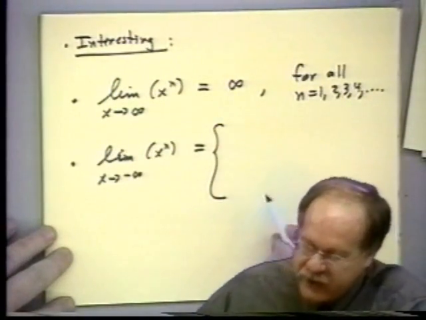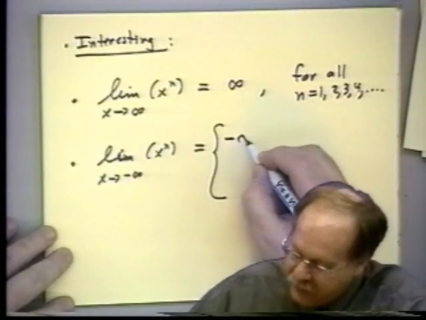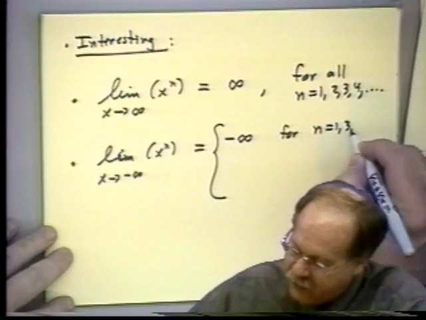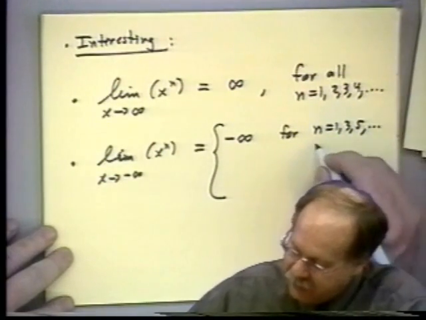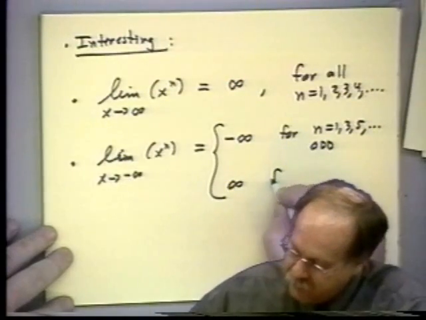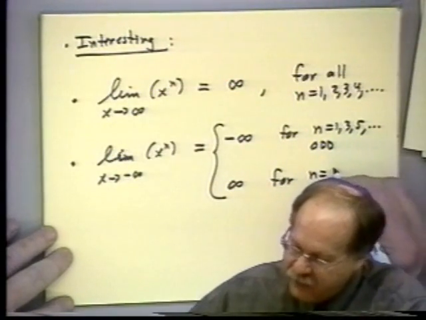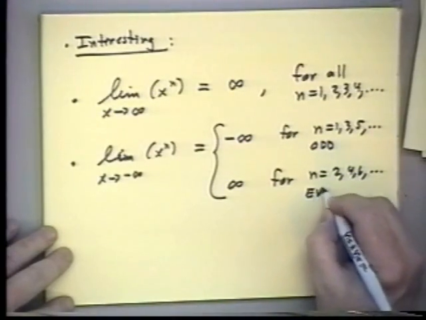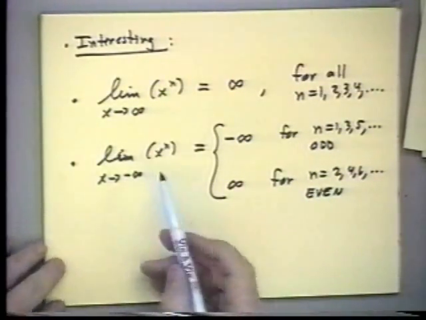So that means we have two cases here. We get minus infinity for all of the odd numbers, n equal 1, 3, 5, and so on. In other words, I'll write the word odd here. We get infinity for n equal the even numbers like 2, 4, 6, and so on. These would be even numbers.